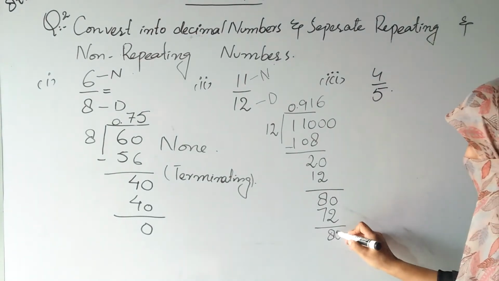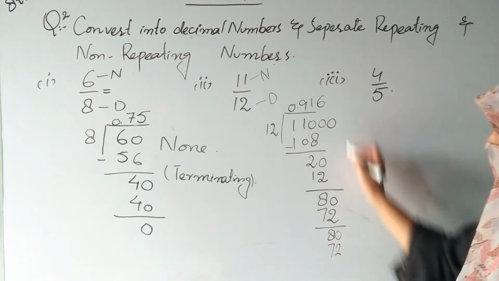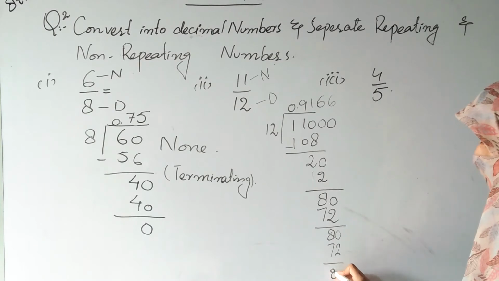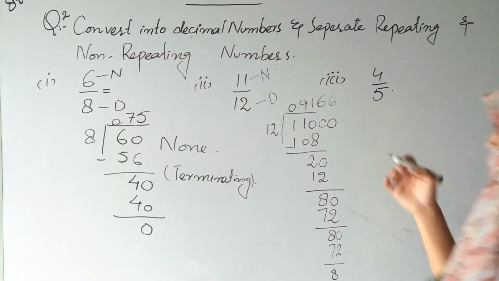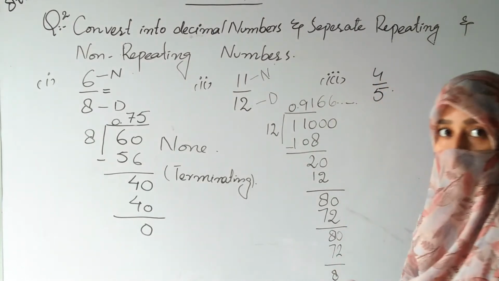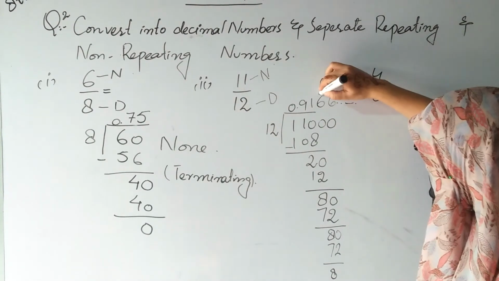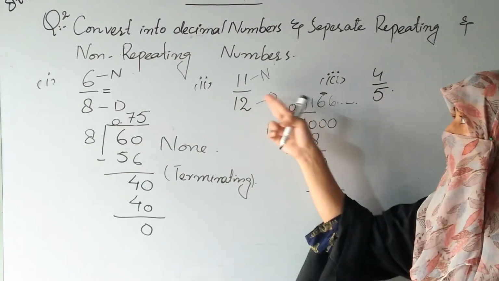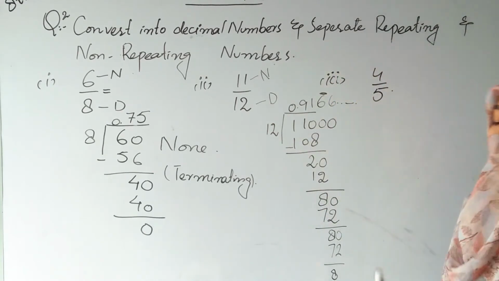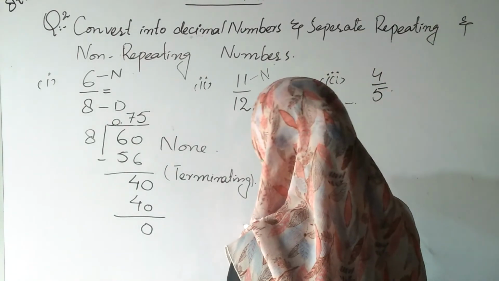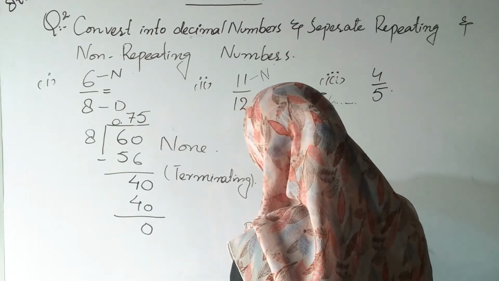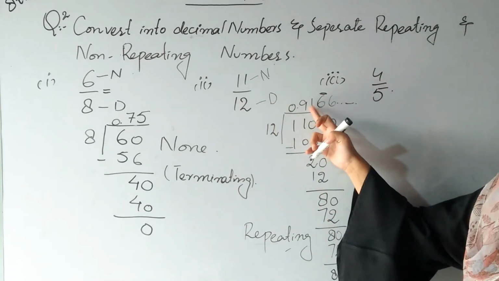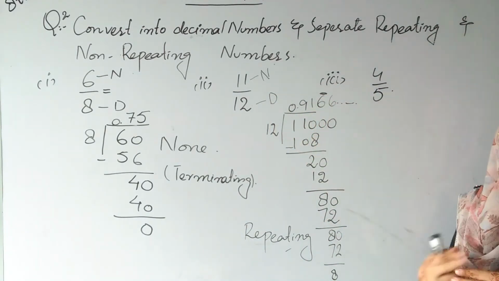Again 0. Again 72. Again 8. It means the number 6 is repeating itself indefinitely. So the number 6 is repeating, and this answer is a repeating number, because after some values the number repeats itself.